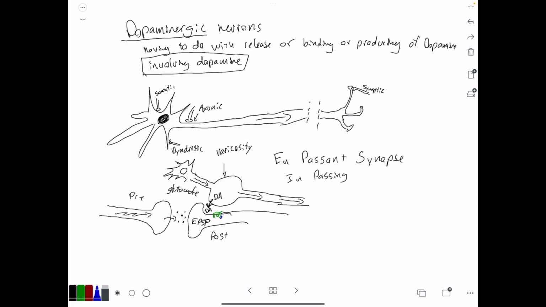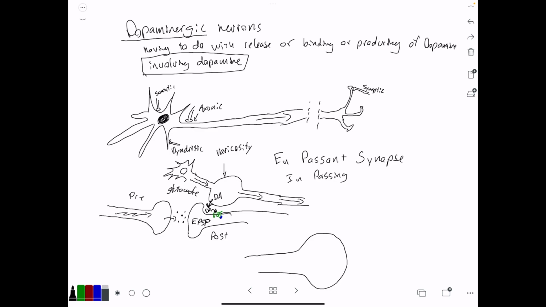I'll draw the little G part here, that it will bind to, influencing the metabolic processes of this postsynaptic neuron. So that's pretty interesting, these varicosities.